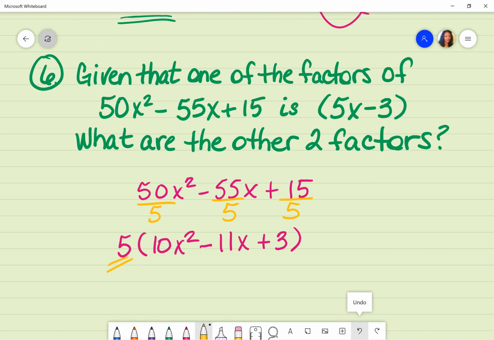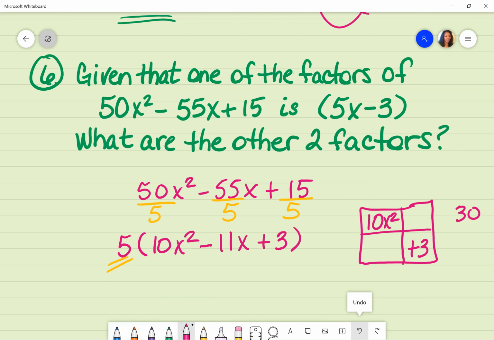Now what I do to find my other factor, if you're using my method, is use the box method of only what's left in your set of parentheses. The first box takes the first term, 10x squared. The last box takes the last term, positive 3. I'm looking for factors of 10 times 3, so 30, and those two factors have to add to give me a negative 11x.